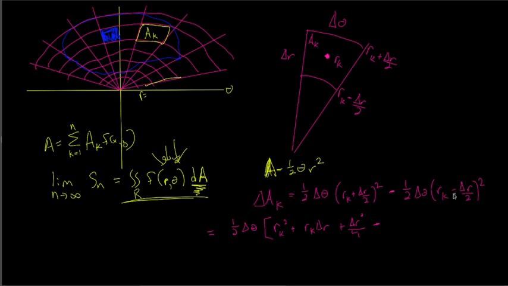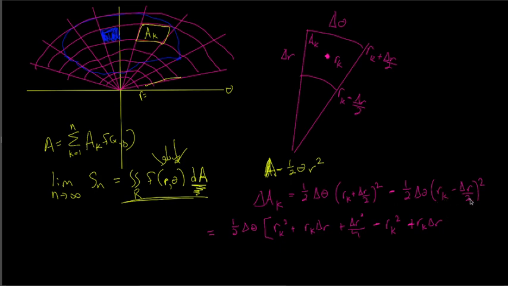Minus this one here, so I'm going to get an rk squared up front. And then in the middle, I'm going to get a negative 2 rk delta r. But this is a minus, so that's going to be plus. And then I'm going to get plus, but that's a minus, a plus.